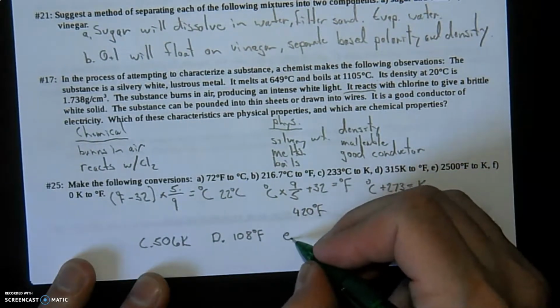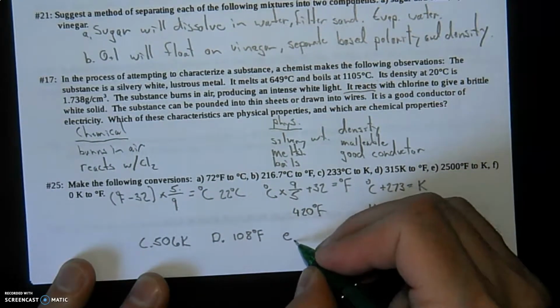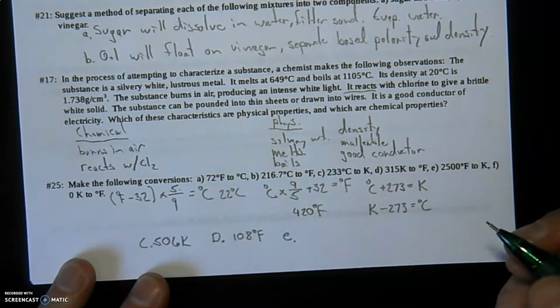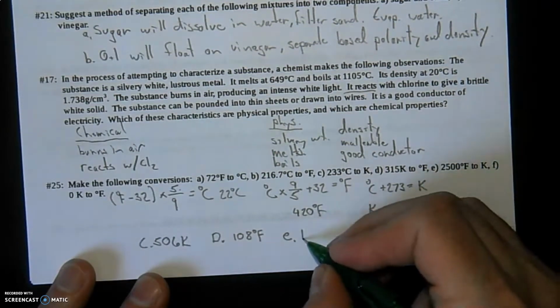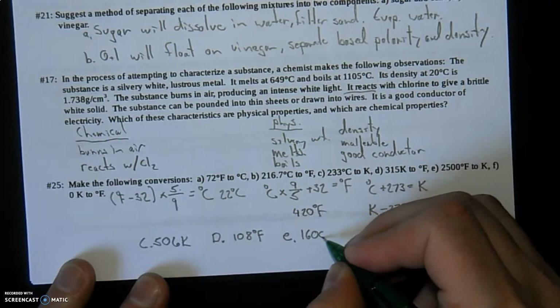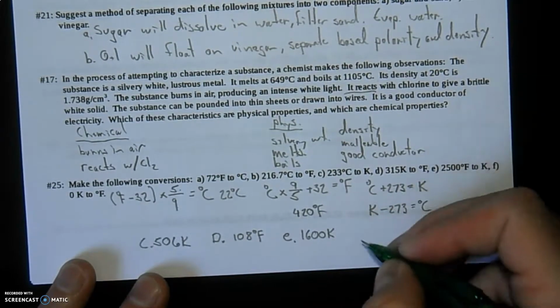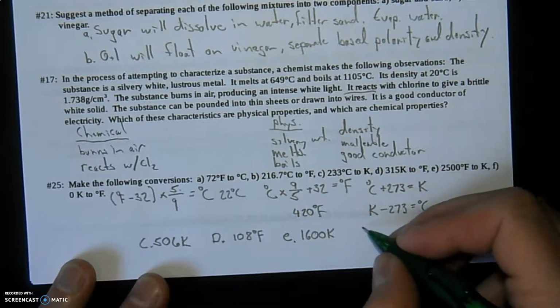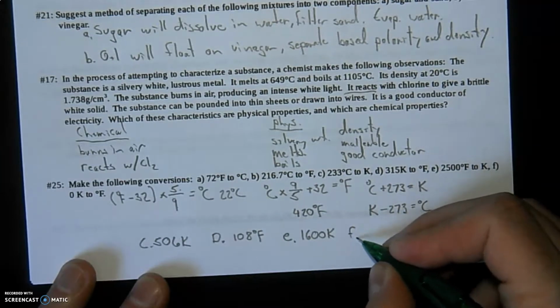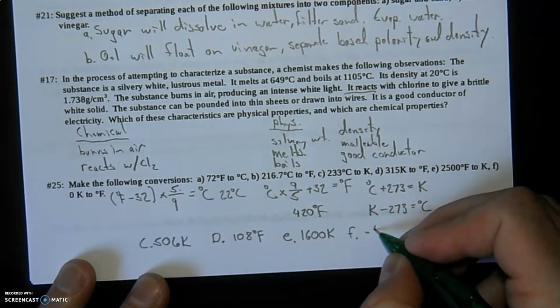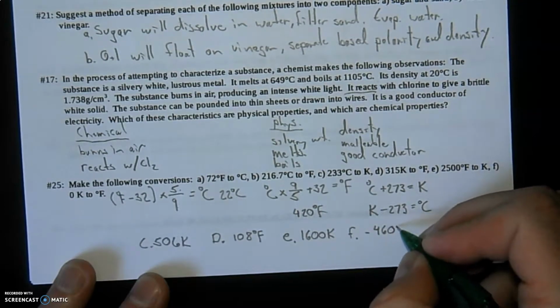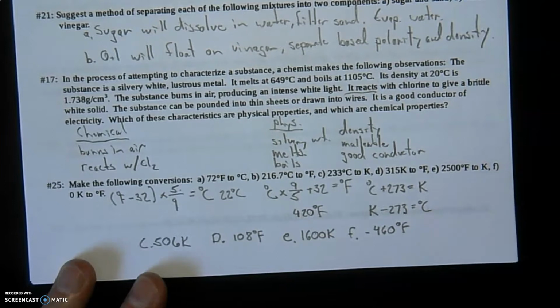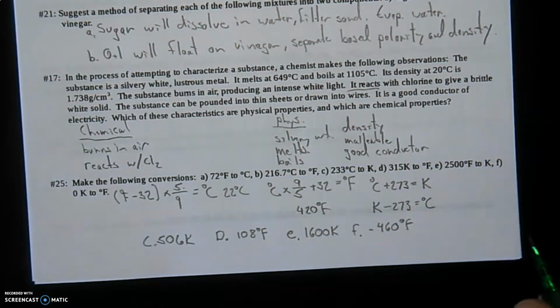For part E, given 2500 Fahrenheit, your answer should come out to be 1600 Kelvin. And then for part F, it should be negative 460. And again, for those, Kelvin cannot be negative, which we talked about in the lecture. Kelvin goes all the way down to 0, and that's the end of it. All right, that's a good place to end for this first lecture.